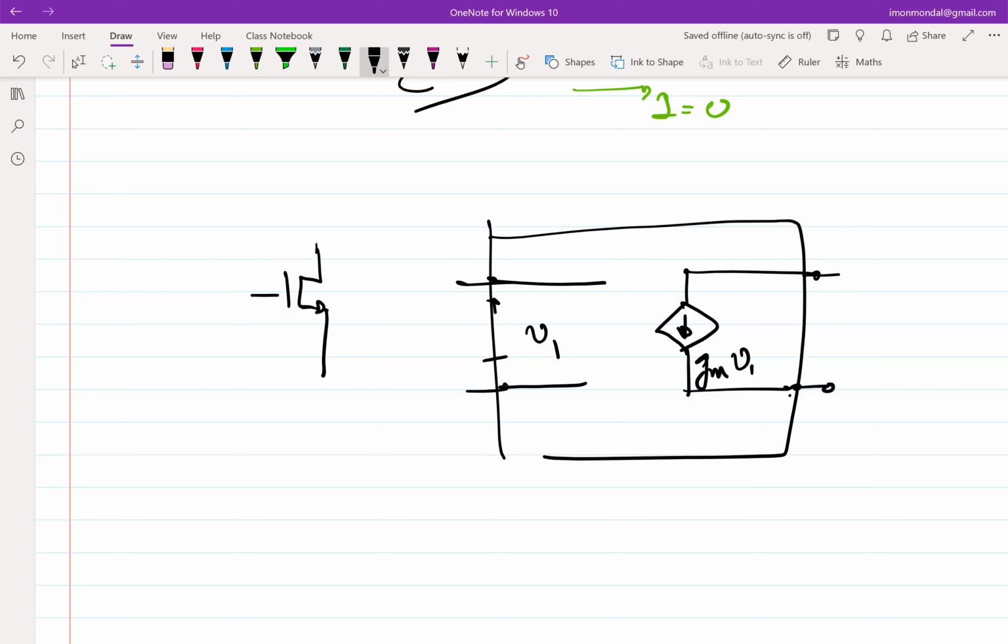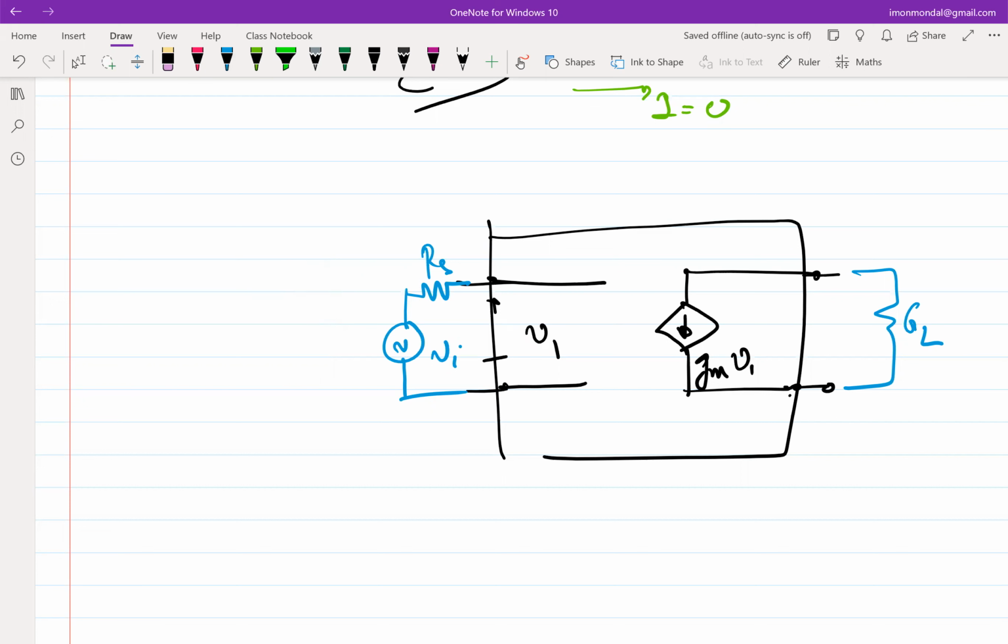Okay. And incrementally, we know that if I apply a VI here, let's say this is source resistance, and I have a GM here, we have to set up the MOSFET in such a way that it behaves like the stuff inside the box in the incremental sense.